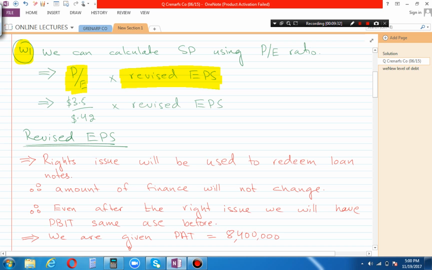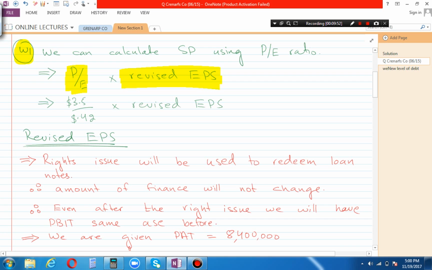What is revised EPS? Revised EPS is the EPS after the redemption of the loan notes, right? So the current PE ratio could be calculated easily.